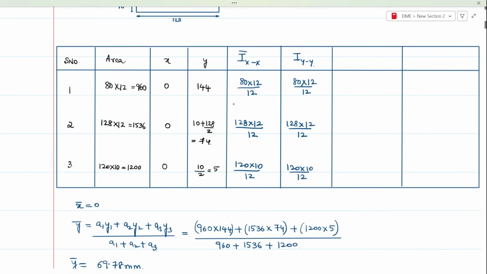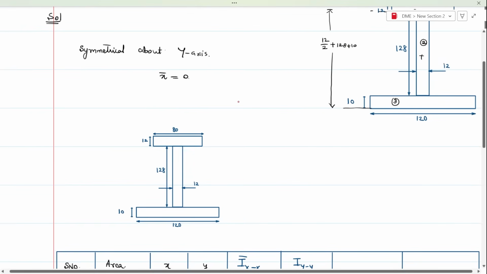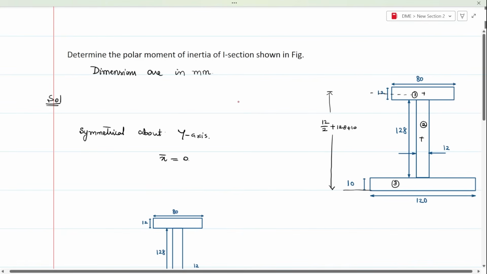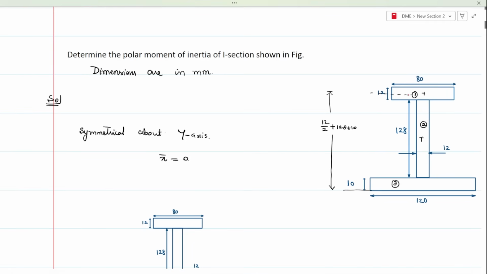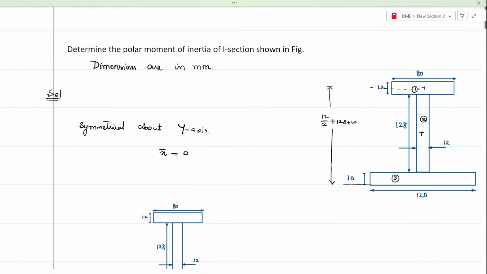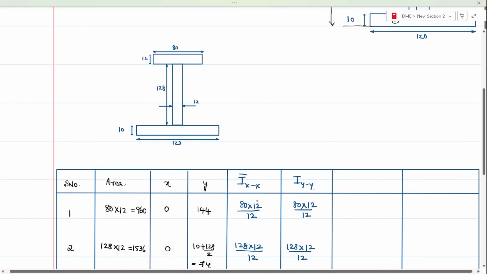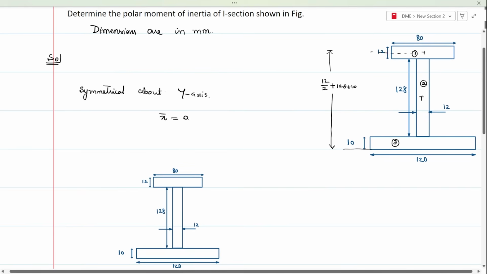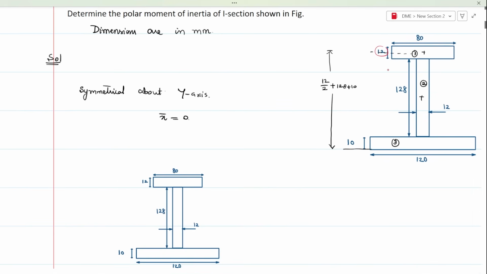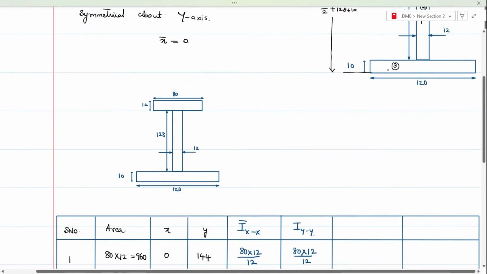Now I need to write the moment of inertia about the centroidal x-axis for area 1. The dimension which is perpendicular to the x-axis needs to be raised to the power 3. In area 1, you find 12 in the vertical direction, and 12 is perpendicular to the x-axis.